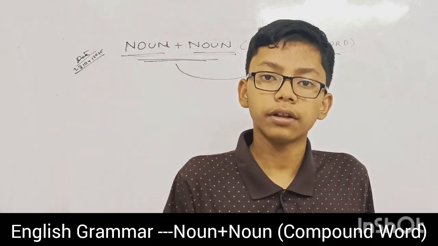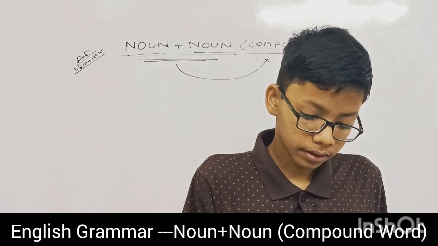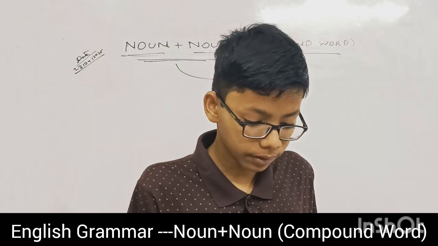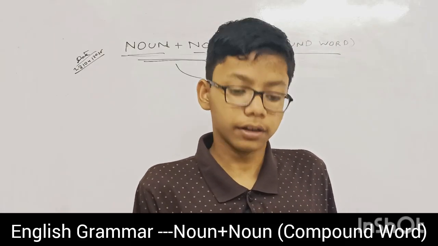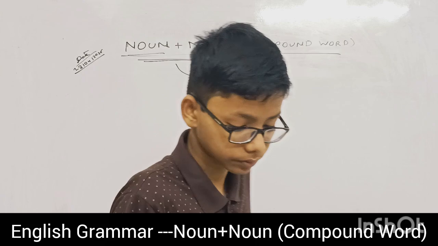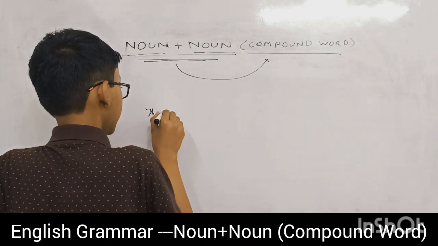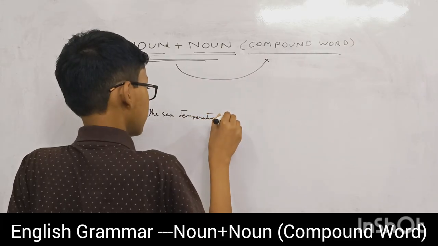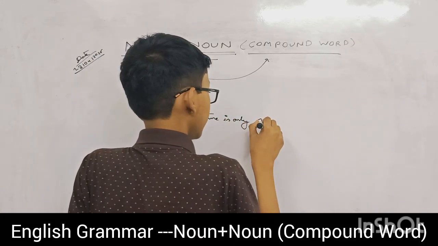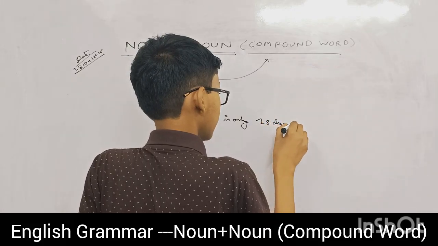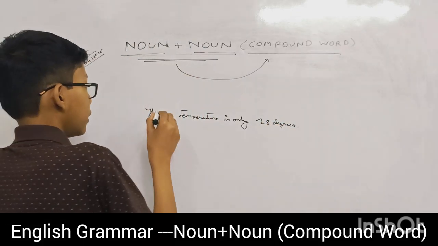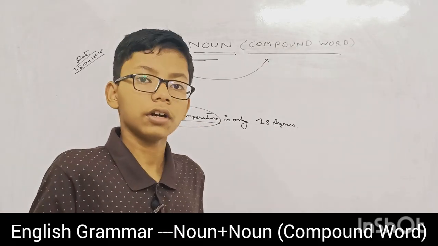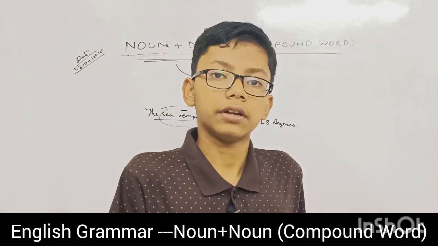Sometimes the first noun tells us which thing is meant. The first noun can also be used to specify what thing is being referred to. Example: the sea temperature is only 18 degrees. It refers to the temperature of the sea.